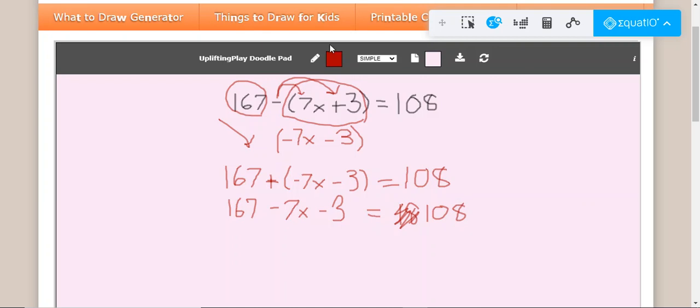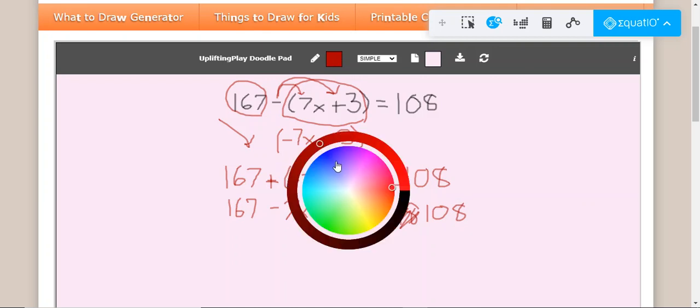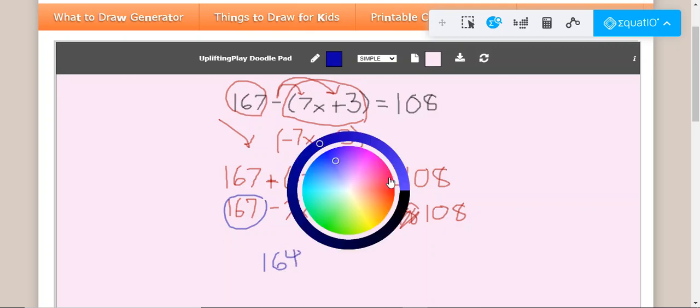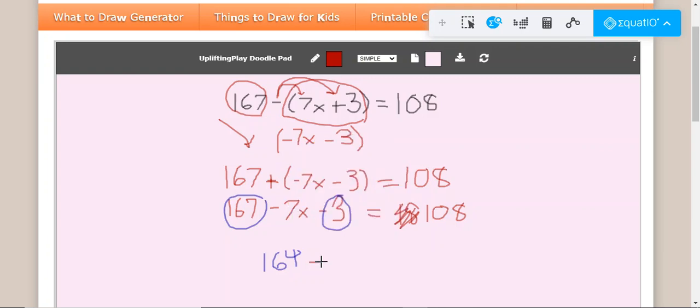Then we can just combine the other two terms that are two constants. So we have 167 and negative 3, and together that would make 164. Bring down that minus 7x equals 108.